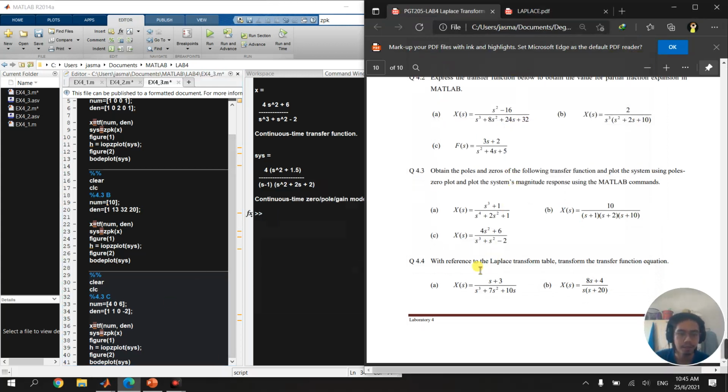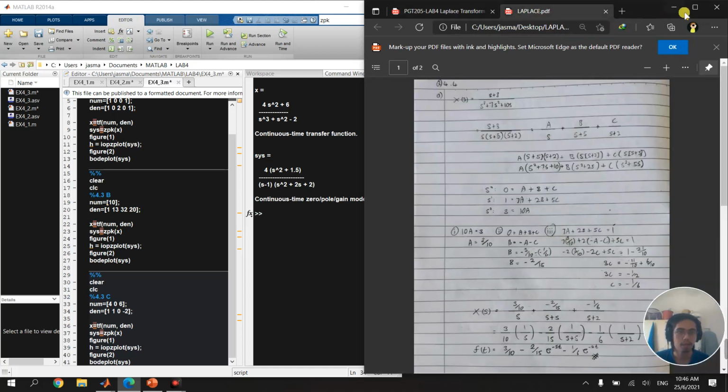Okay, now moving with reference to question 4, with reference to the Laplace transform table, transform the transfer function equation. For question A, it is s plus 3 over s cubed plus 7s squared plus 10s.